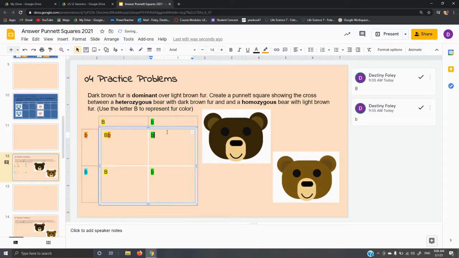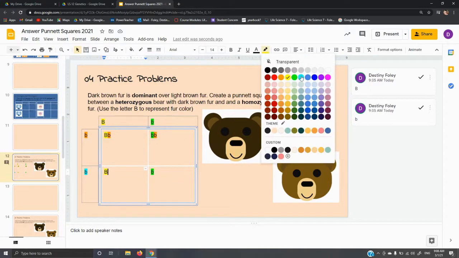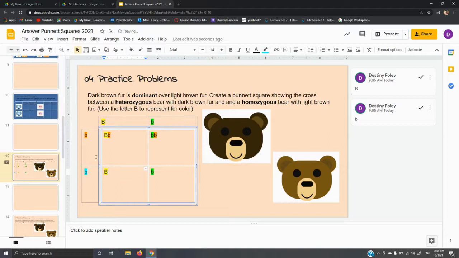So we have this here and this here. It goes in both of the boxes. Next, we have the light blue b. That little b is going to go here, and that little b is also going to be here.